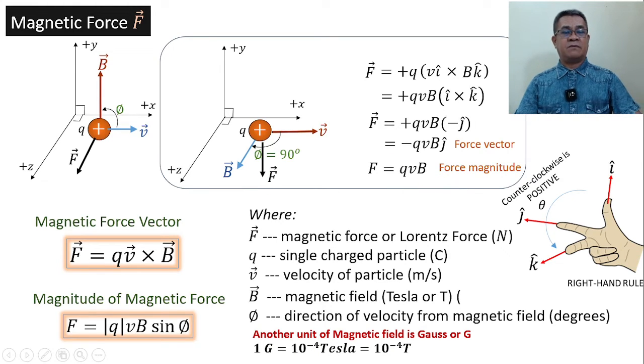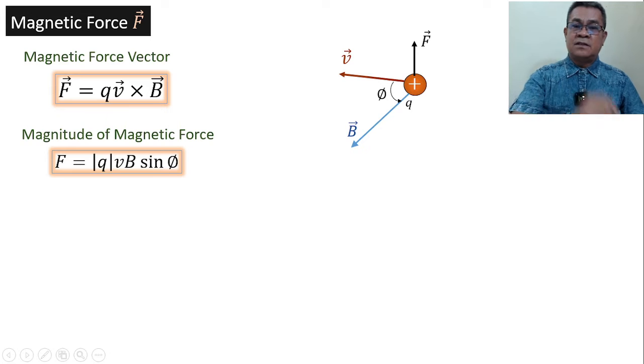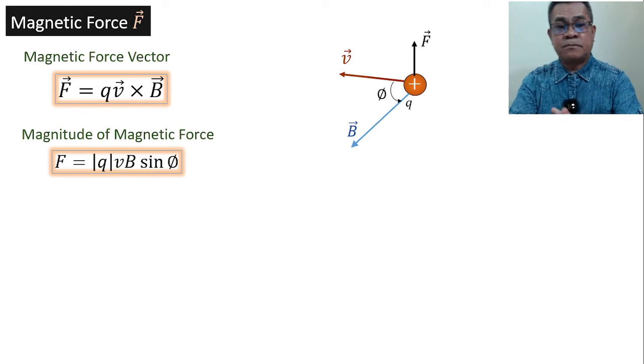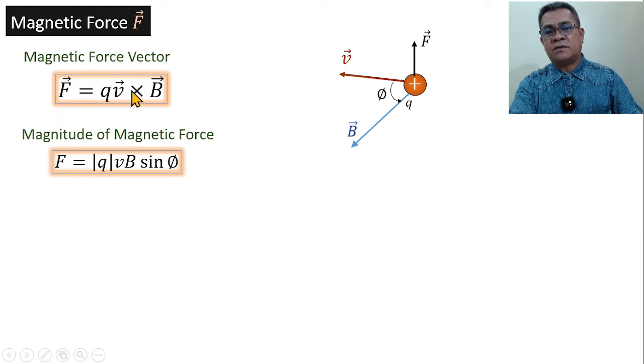Okay, so now, as I've said, we are working with three dimensions. Now, look at the formula. The formula says that the velocity cross product with the magnetic field, times Q, the answer is force. So if we have this velocity, for example, then we have this magnetic field.